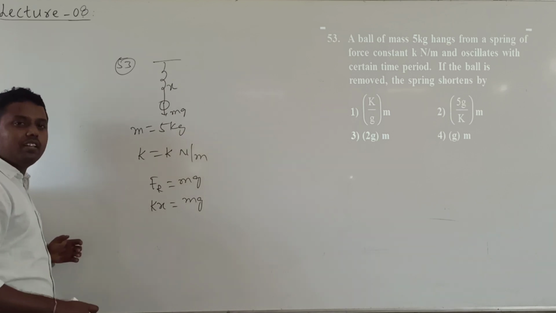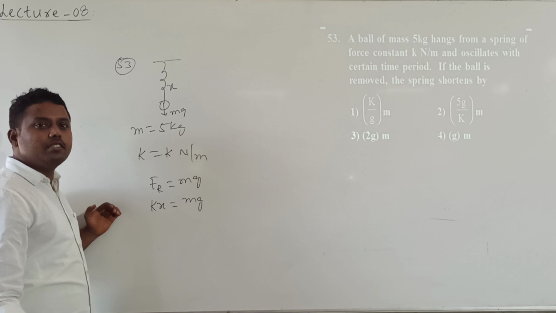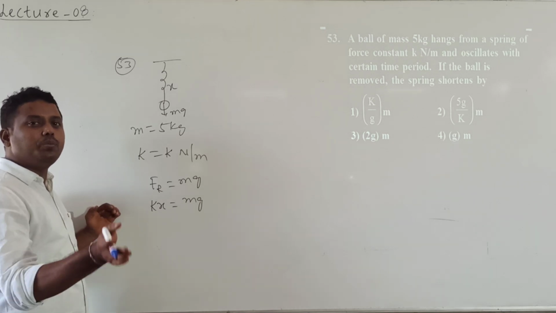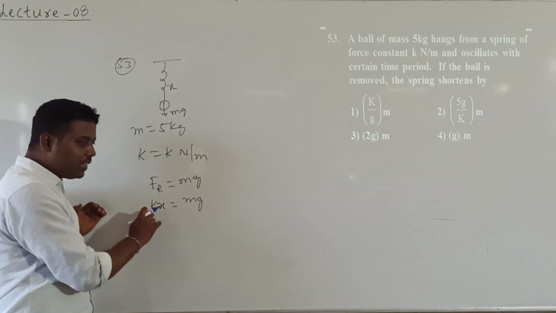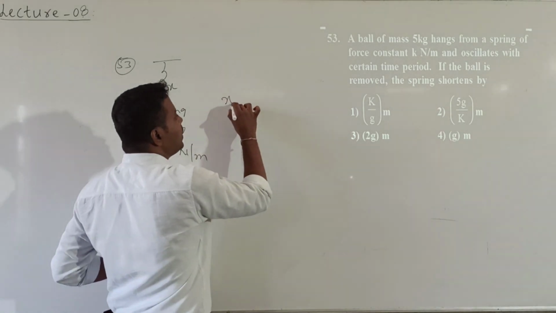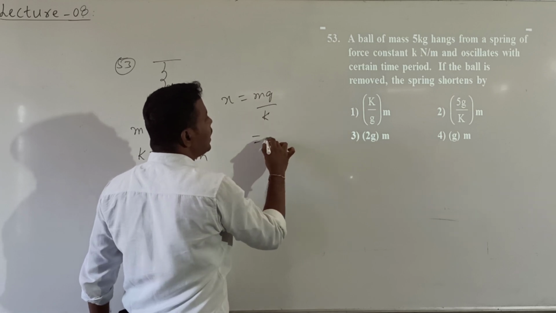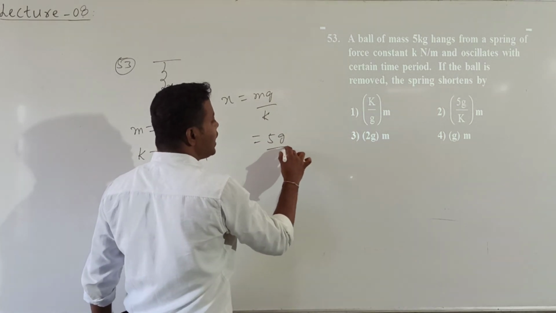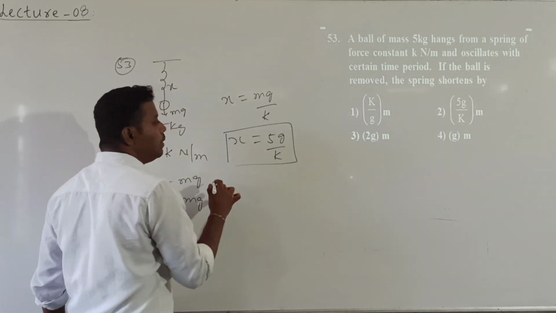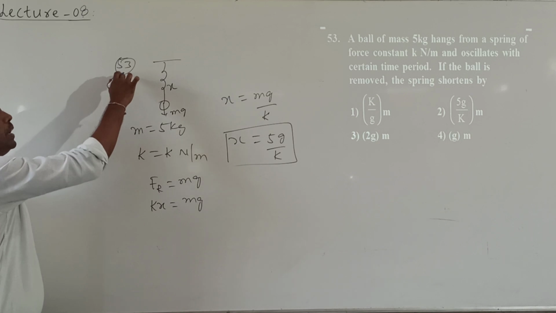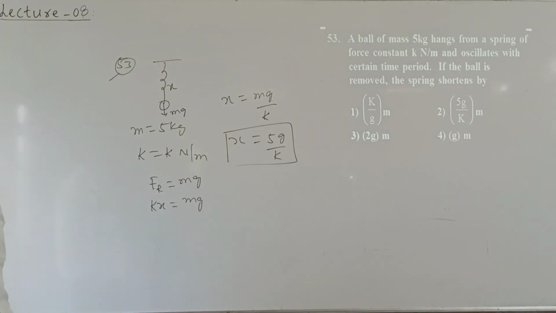Until the weight is there, the spring will be elongated. Once the weight is removed, the spring will be compressed by the value x only. So x is equal to m g by k, that is 5 g by k. This is the distance by which the spring is compressed when the ball is removed. Okay, now this is the answer for this question.